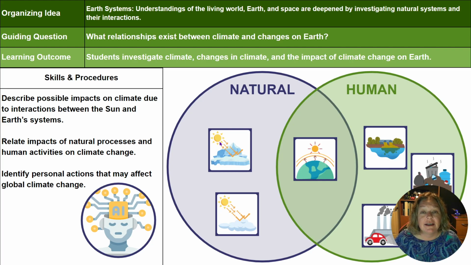Starting right off at looking at climate change and talking about how some parts of climate change are because of natural things and some climate change is because of human activities, and starting to have conversations around what natural processes cause climate change, what are the human activities that cause climate change.